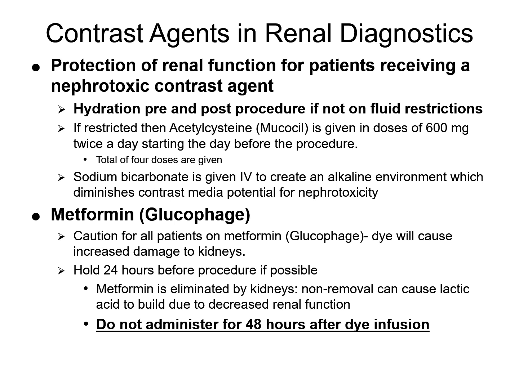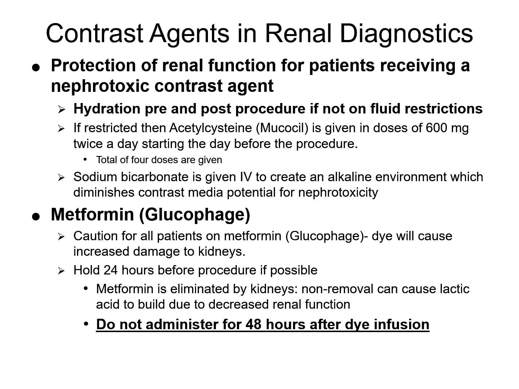So, you have to hydrate our patients. We have to make sure they have a good amount of fluid volume if they're not on fluid restriction. If they are restricted, then we have to give them this Mucomist, which is what I just told you. It's given in doses of 600 milligrams twice a day, starting the day before the procedure.